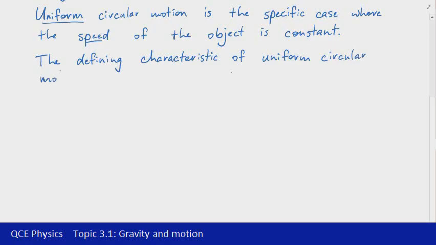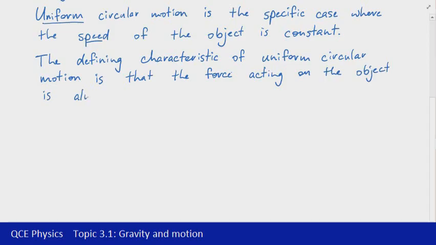So the defining characteristic of uniform circular motion is that the force that acts on the object is always going to be perpendicular to the velocity of the object. So whenever we've got a situation of uniform circular motion, that force will always be perpendicular to the velocity of the object.